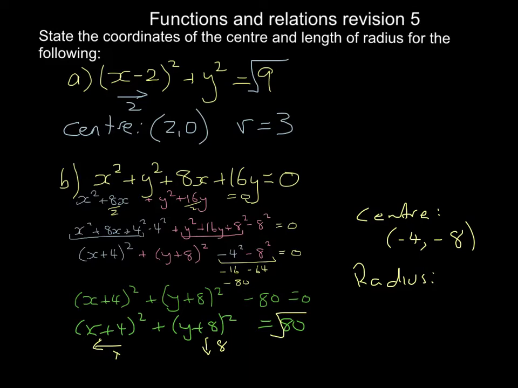So the radius is equal to the square root of 80, which is the square root of 16 times 5, and the square root of 16 is 4.